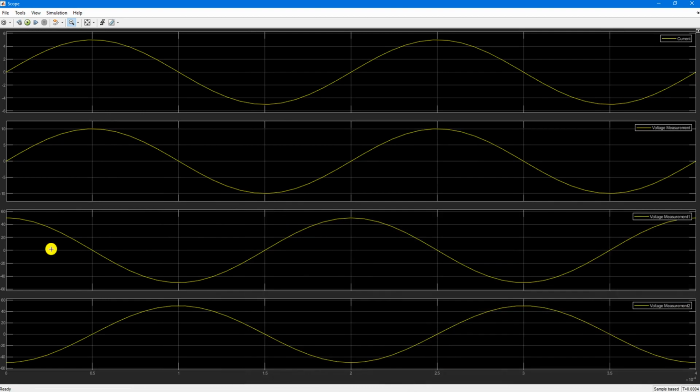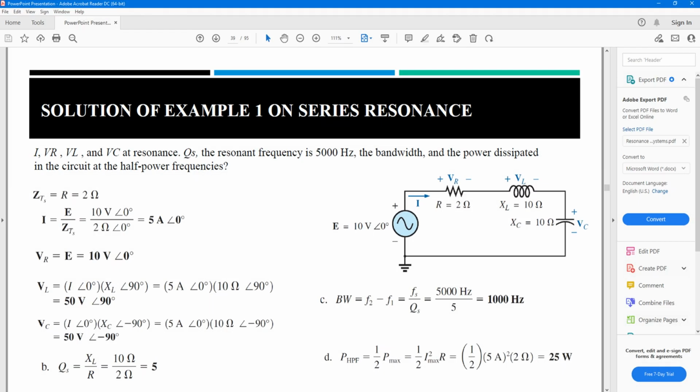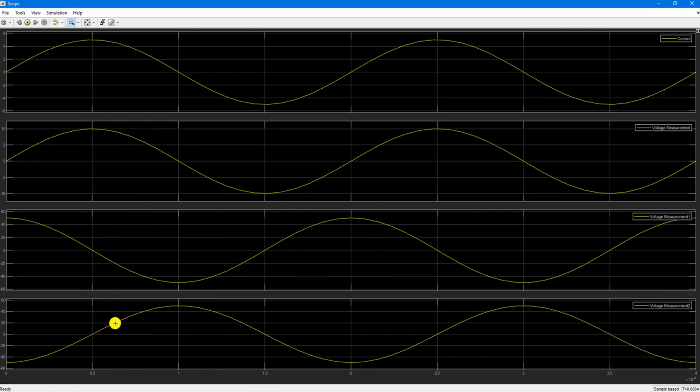Now going for the last 2 signals, one for the inductor and the other for the capacitor. If we look at these 2 signals, you will see that they are shifted, to be more specific, by 180 degrees. VL is leading by 90 degrees and VC is lagging by 90 degrees, so the phase shift between them is 180 degrees.